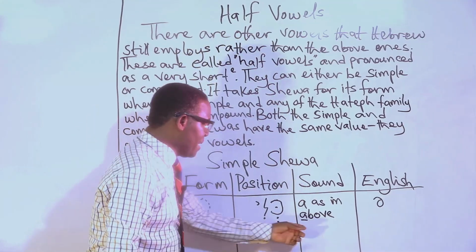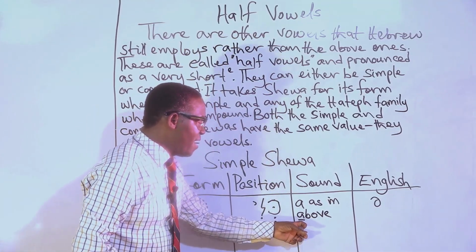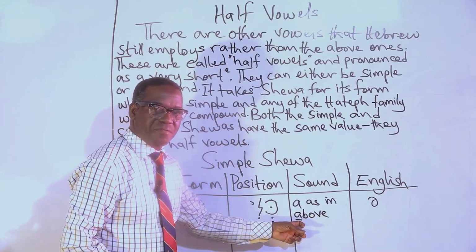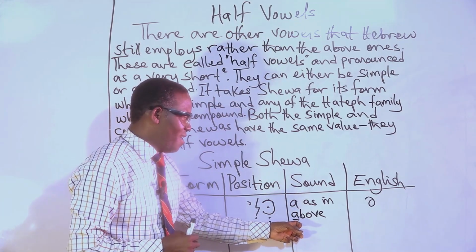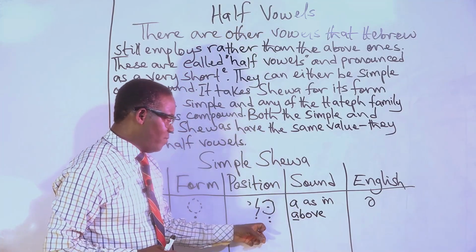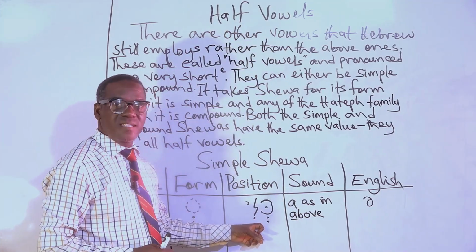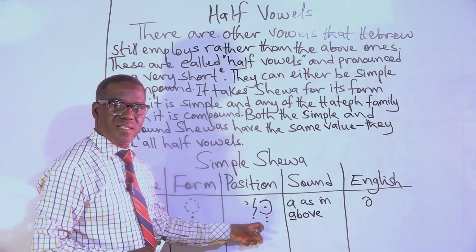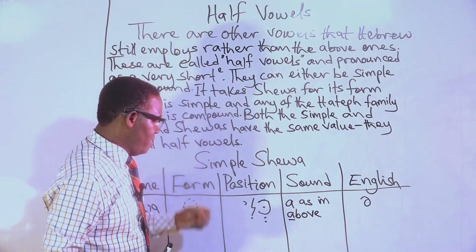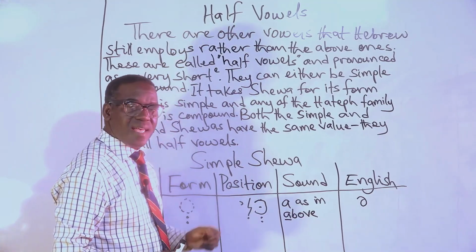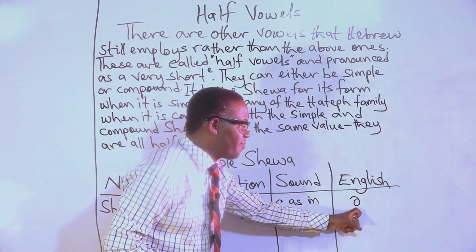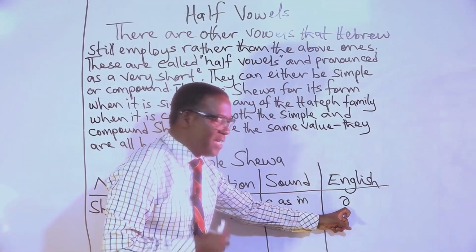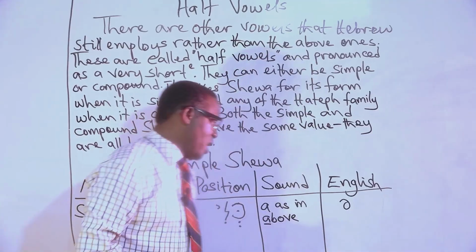And it sounds like the E as above, sounds as E. In pronouncing this word, we have keli. Simple shewa sounds as E. And the representation in English is just this form to show that it is simple shewa.